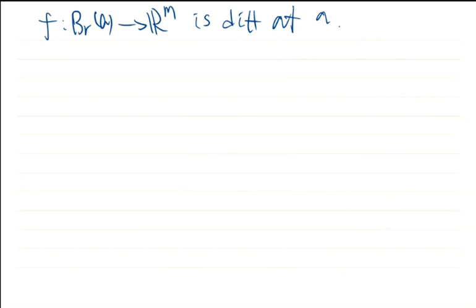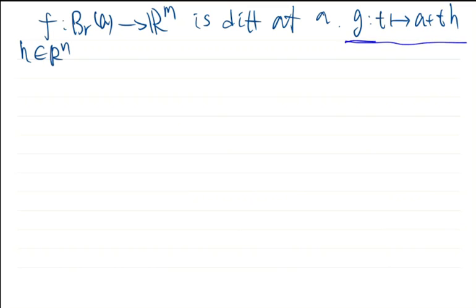And we define this g to be the map t to a plus t h, given h, h in Rn. Here h is a vector in Rn. Obviously this is differentiable, a very simple linear function.